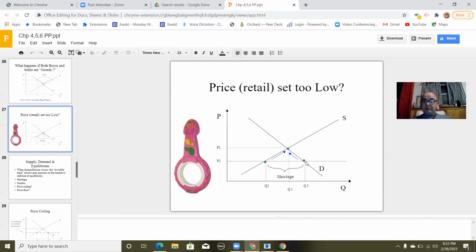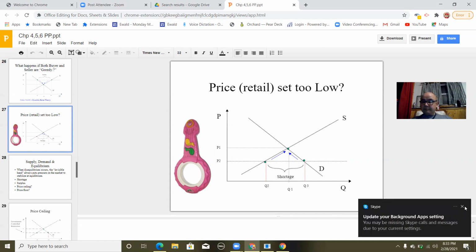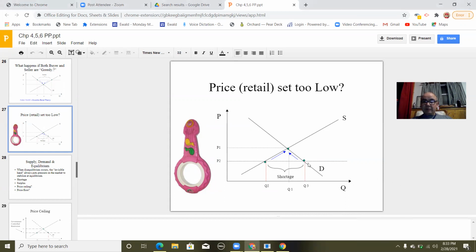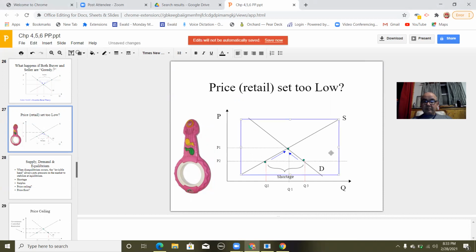Demand, here's the demand curve. Demand is way out here at Q3. Supply is way out here at about Q2. So if I was going to call Q1 1,000 Barney banjos, we could call this level Q3 maybe 1,500.